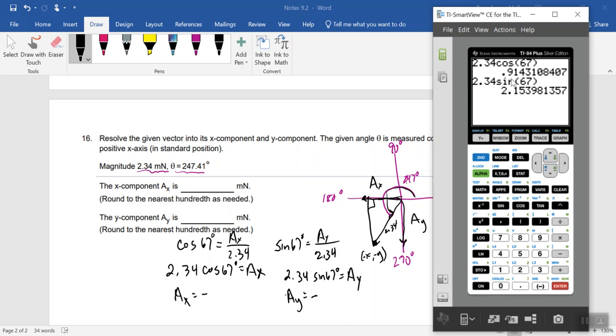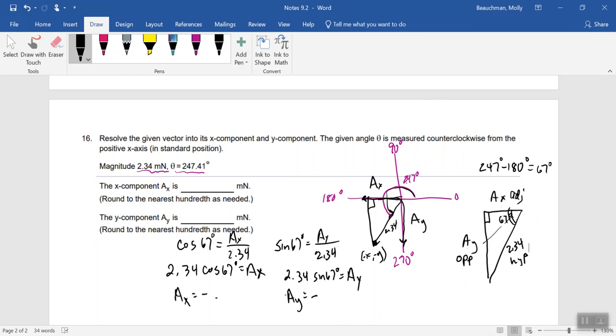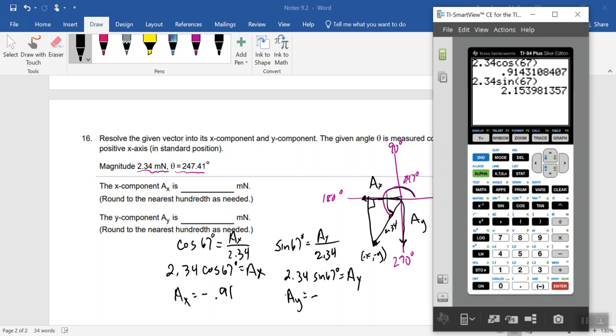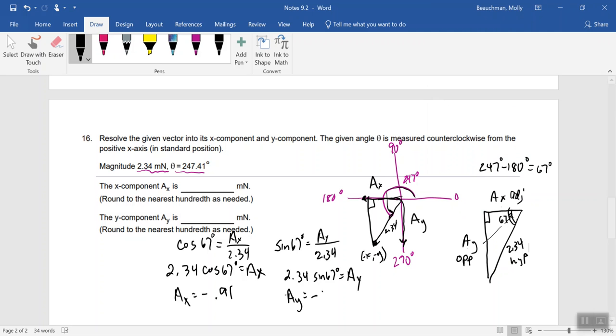So my x component ends up being a negative, let's see, we want the nearest hundredth, negative 0.91. And my y component ends up being a negative 2.15. And again, it's because they're in the third quadrant. My angle ended up, XY coordinate ended up in the third quadrant, and they're both negative.